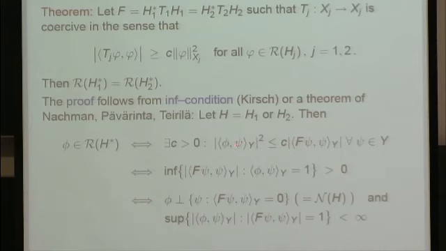And that can't be 0, it should be bounded below. So you see that this is apparently equivalent to that one. Or you can take the other way around and say, I take only those psi such that this is 1, and I maximize this, and this is the sup condition there. So you see these two, the inf condition and the sup condition, are really special cases and follow from this easily.